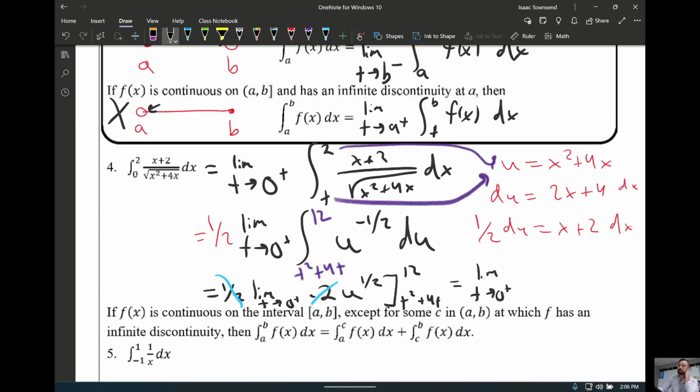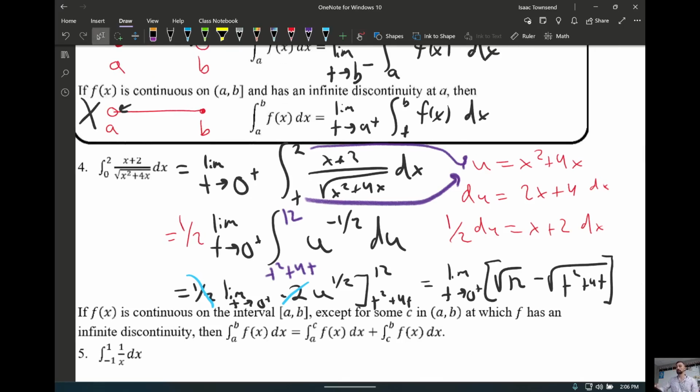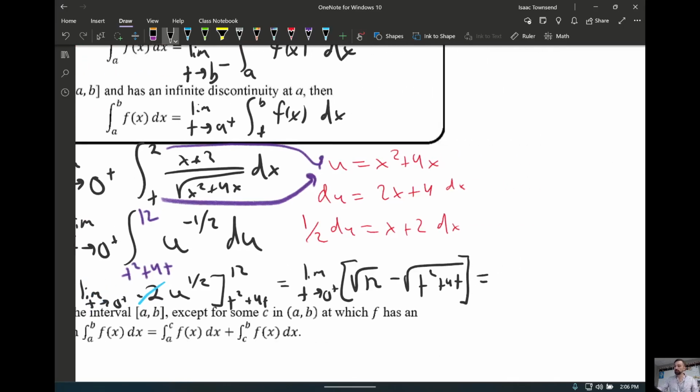Okay, one time you need to plug in 12, which would be the square root of 12. The next time you need to plug in this, which would be the square root of t squared plus 4t. And then at the very end, this limit that's been carried down all the way through, we actually have to try to apply it. There's no t's here to plug it into, so this part stays the square root of 12.